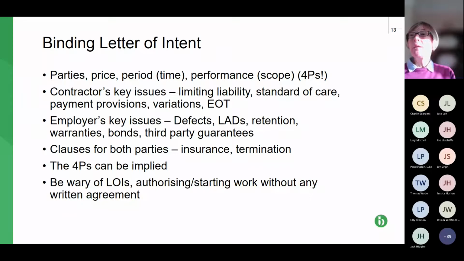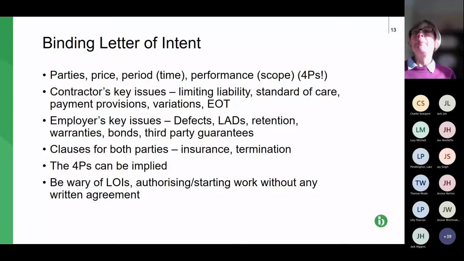So the parties, clearly, as the party doing the work, you will want to know who the paying party is. Is it the party who has some money? What the price is? Now, that probably won't be the end contract price or the price that's been tendered.